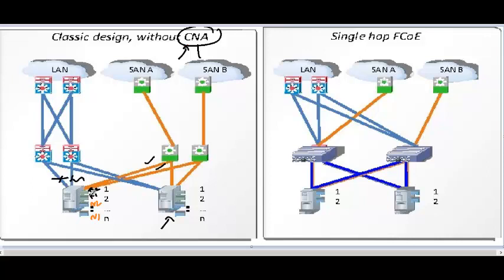So now you see, if you have a unified converged port, then the switch also needs to be unified converged. See, you are going to send both Ethernet and FC on one wire. Now, if the switch doesn't understand FC, or if the switch doesn't understand Ethernet, problem.